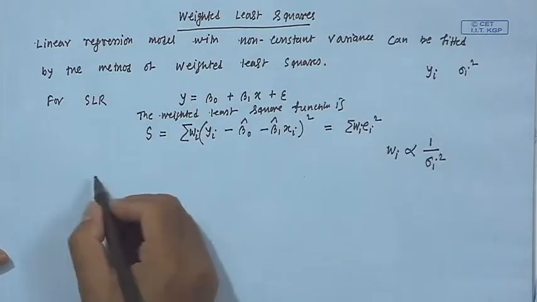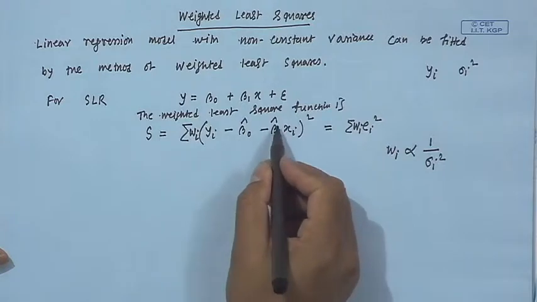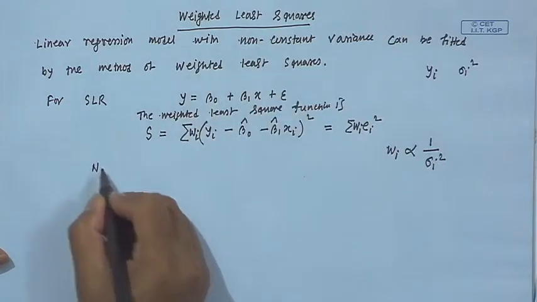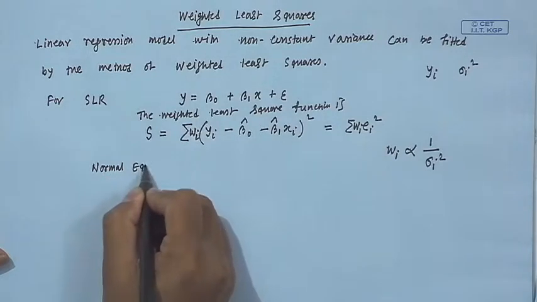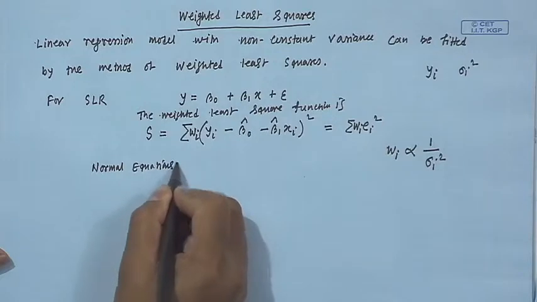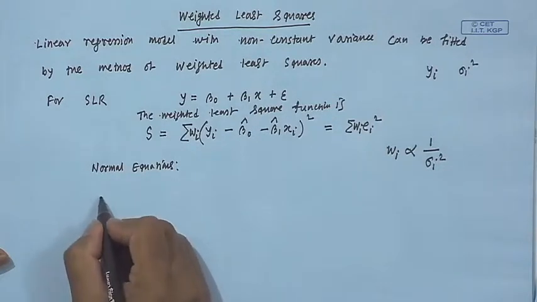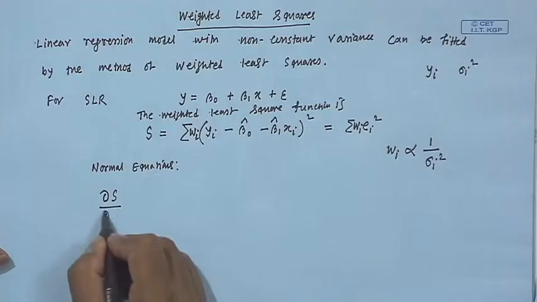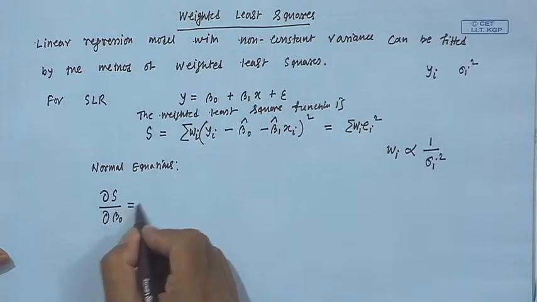and then you find the normal equations. So, you have to estimate beta naught and beta 1 by using weighted least square. So, the normal equations are: partial derivative of S with respect to beta naught equal to 0.